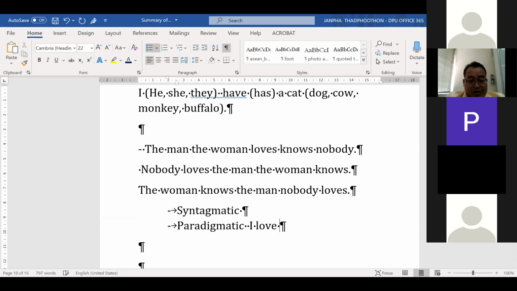If you say "I love dogs," and you change this and say "I love cats," the meaning changes, right?